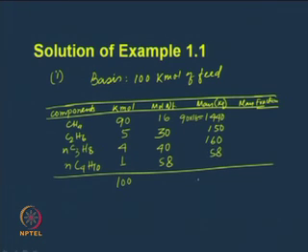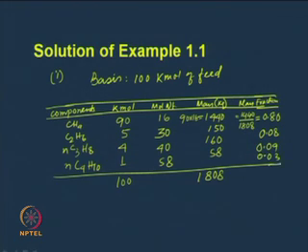So, total mass is 1808 kg, and then the mass fractions will be 1440 divided by the total mass 1808. So, it will be 0.80. Similarly, the next ones are 0.08, 0.09 and 0.03.